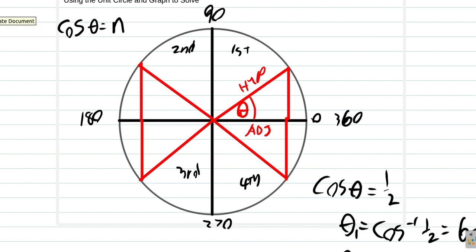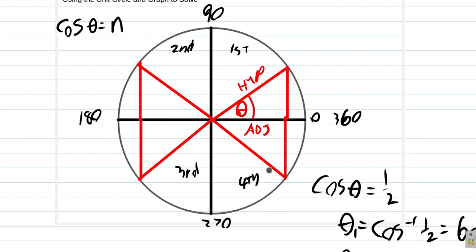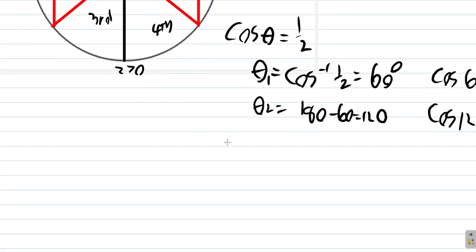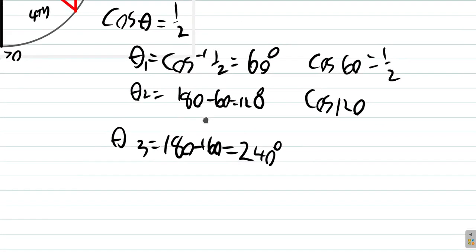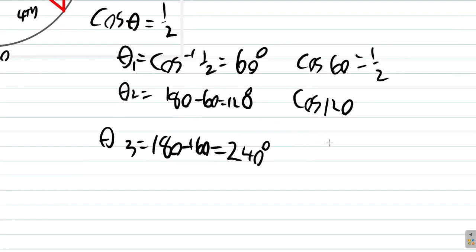All right, what about this angle here? That angle, to get it, you'd have to go 180, then 60 more. So it's 180 plus 60, you see that? So let's call this theta 3. It is 180 plus 60, which is 240 degrees. Let's try a little thing here.